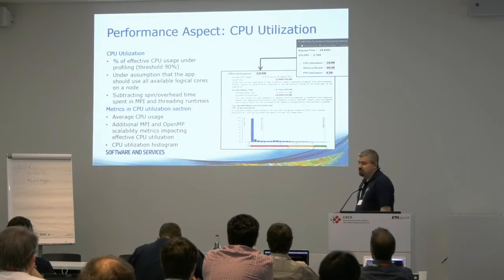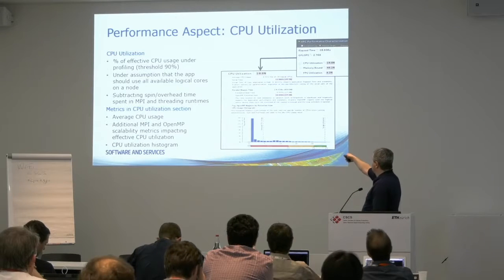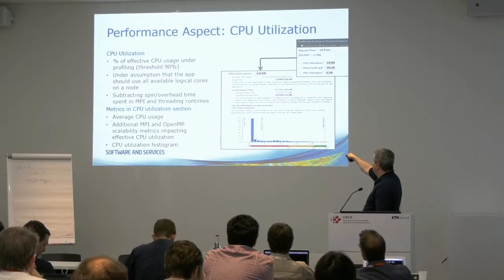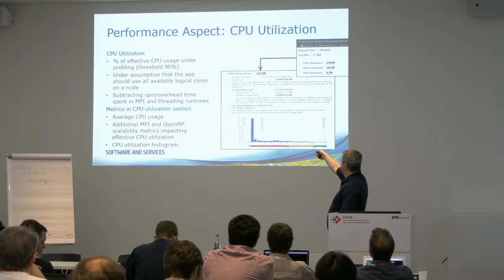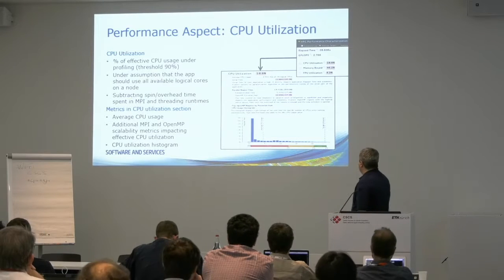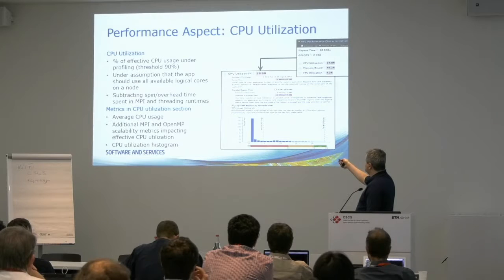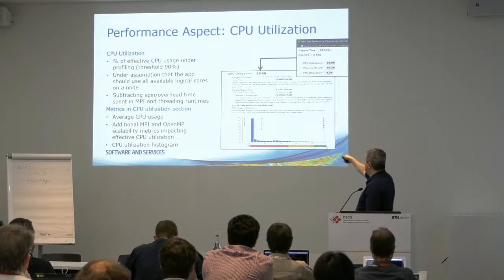Okay, now you can break that down, right? You can get more insight into that. So the CPU utilization again tells you about how many of your, in this case, 24 logical CPUs you used. So this boils down to 4.5 of them on average. It tells you again some OpenMP metrics about how much time you spend in a parallel region. It tells you the estimated ideal time and the OpenMP potential gain.